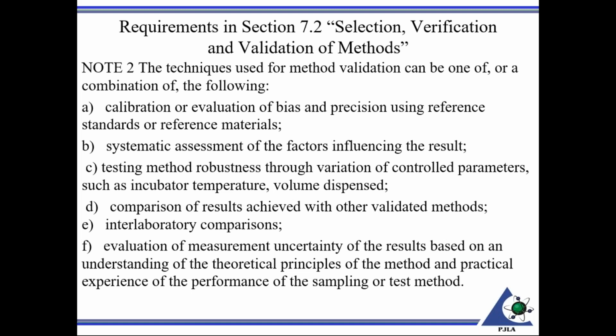Testing method robustness through variation of controlled parameters such as incubator temperature, volume dispensed. Comparison of results achieved with other validated methods. Again, interlaboratory comparison and evaluation of the measurement uncertainty of the results based on an understanding of the theoretical principles of the method and the practical experience of the performance of the test method.